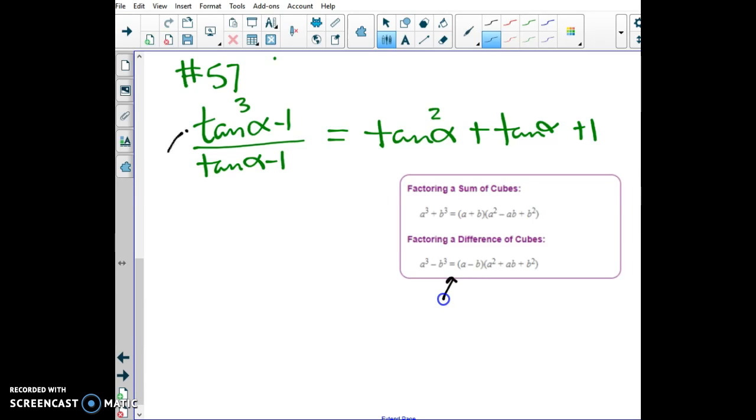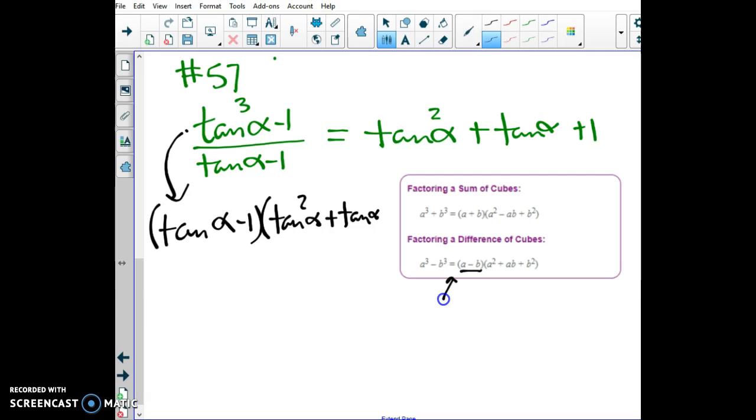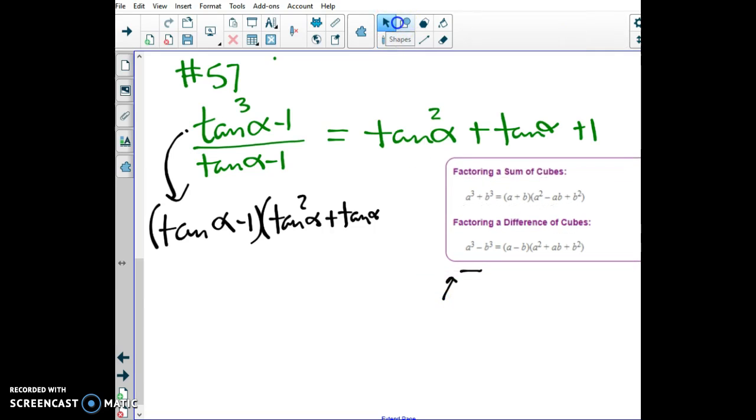We can factor the numerator into tangent alpha minus 1. That's our first factor right here. And then we have tangent squared alpha plus a times b. That would be 1 times tangent plus b squared.